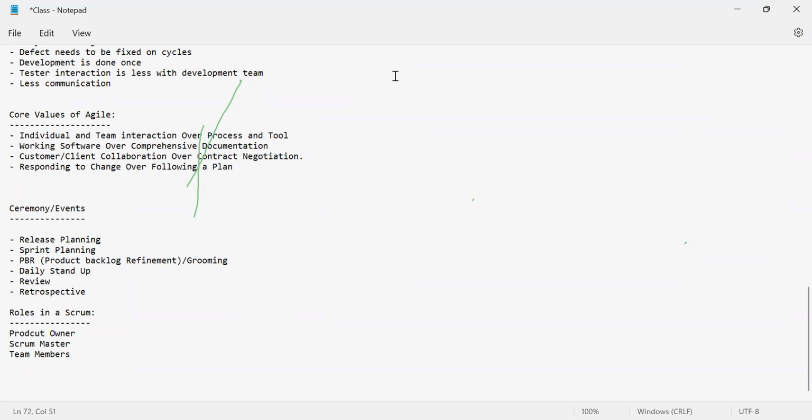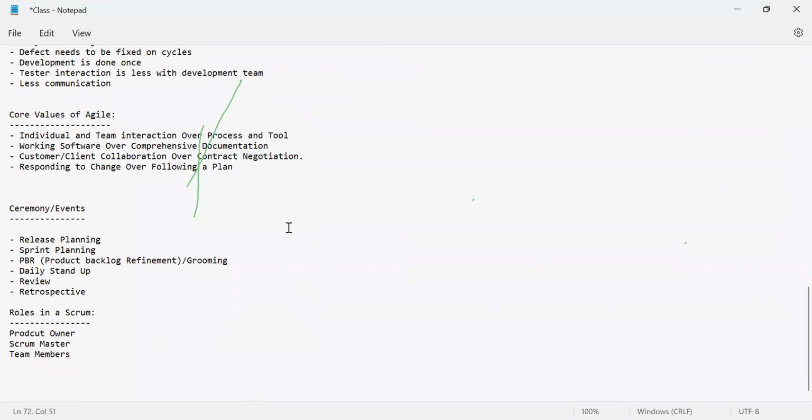Based on the number of stories and the priority, we can easily say that 4 teams will be able to complete the WhatsApp application in 5 sprints. Likewise, we will be able to plan the release.